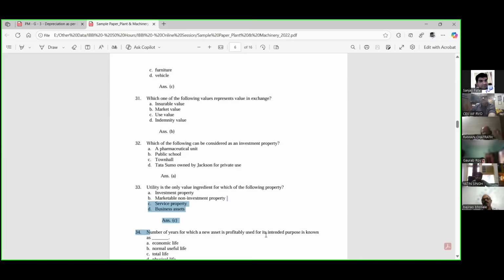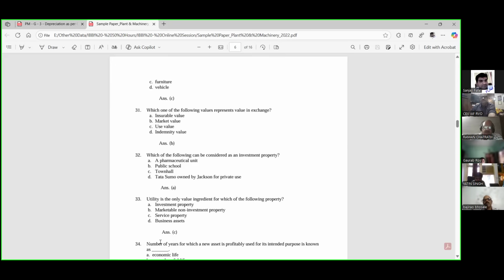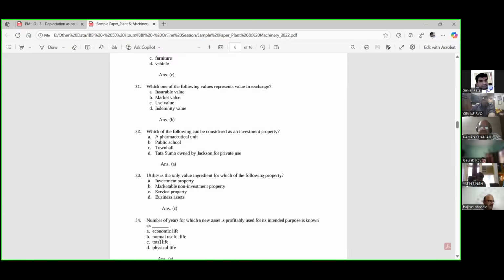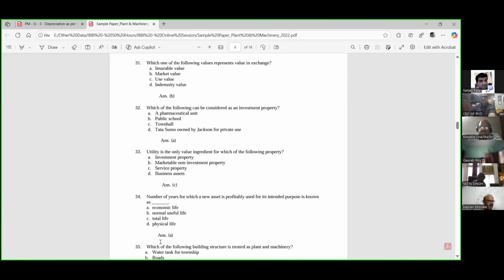Number of years for which a new asset is profitably used since purchase is known as a number of years. क्या बोलेंगे उसे? इकोनॉमिक लाइफ, नॉर्मल यूजफुल लाइफ, टोटल लाइफ या इकोनॉमिक लाइफ. इकोनॉमिक लाइफ सही आंसर है.